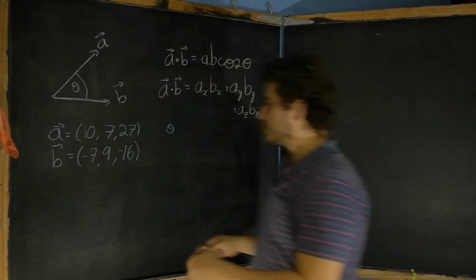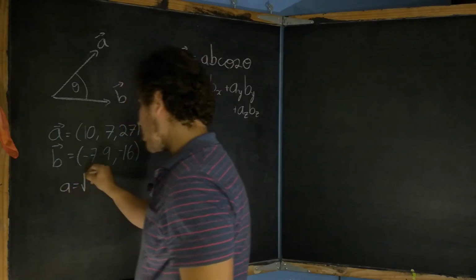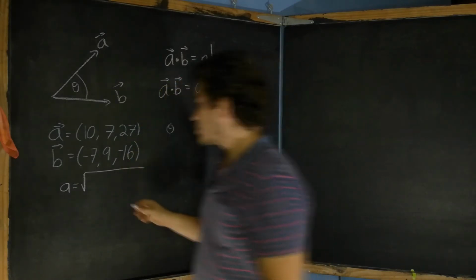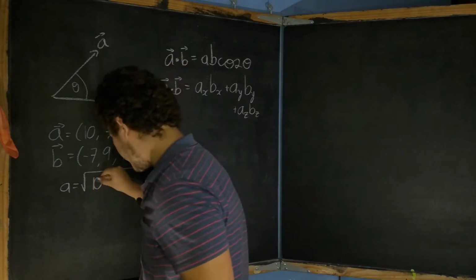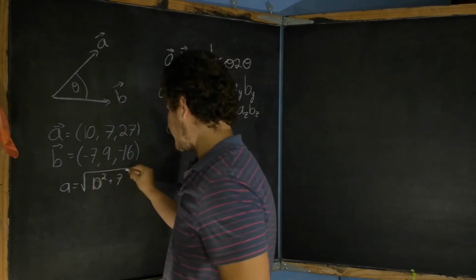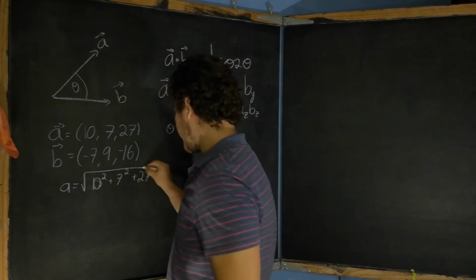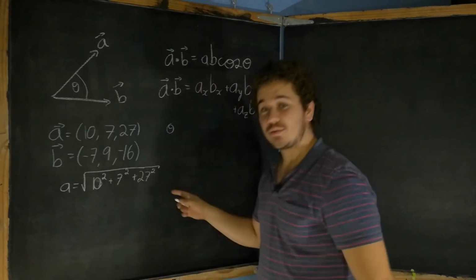Well, if we remember correctly, the magnitude of A is just the square root of each of its components squared. So that will be 10 squared plus 7 squared plus 27 squared, and the square root of those 3 components.